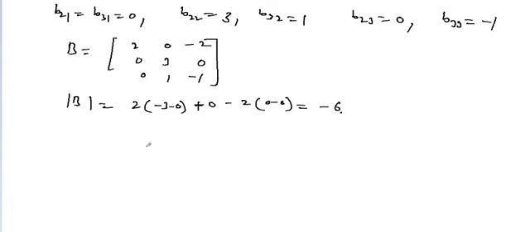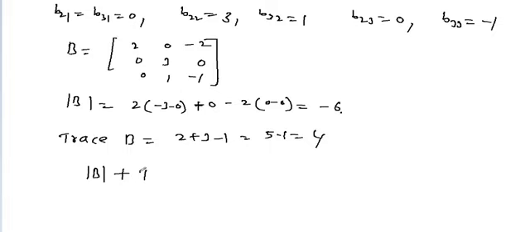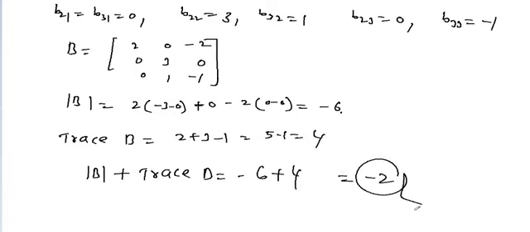This is the determinant of B. The trace of B is equal to 2 plus 3 minus 1, that is 5 minus 1 equal to 4, and det B plus trace B is equal to minus 6 plus 4, that is equal to minus 2. This is the value of det B plus trace B.